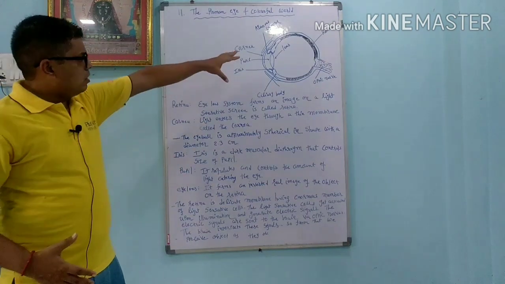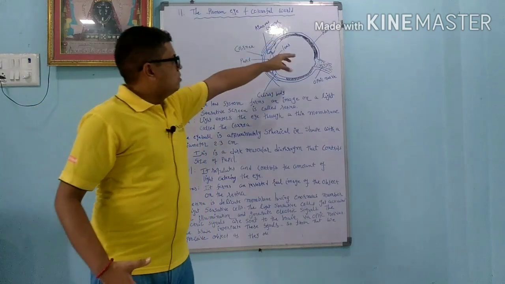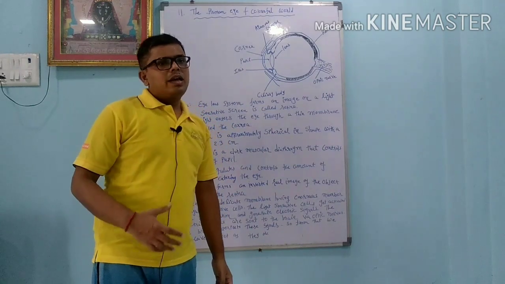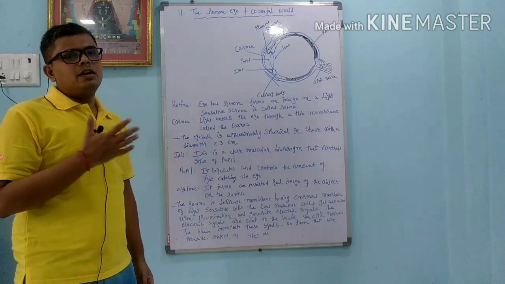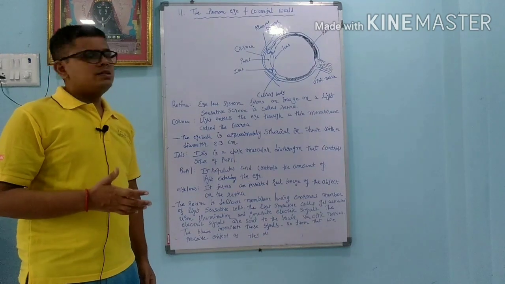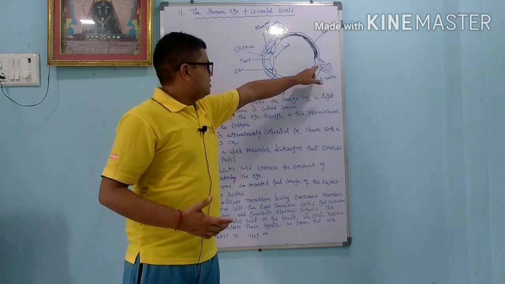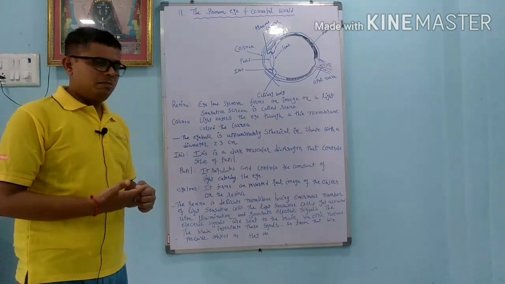Here on the retina some photosensitive, light sensitive cells are there. They get excited and illuminated when the image is obtained, and they convert it into an electrical signal, and that electrical signal is sent by the optical nerves to the brain, and the brain interprets the image.